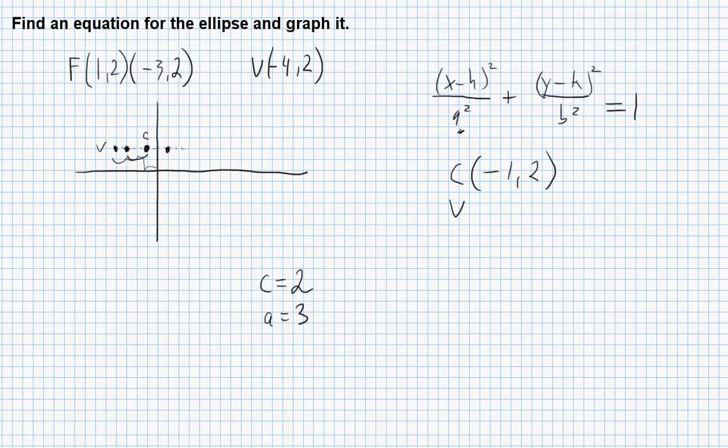Okay? So what do we get from that? That gives us that c squared is equal to 4, and that a squared is equal to 9, which is going to give us one of our values for our equation. Now we can use those to get b and b squared, because c squared, our handy-dandy equation, c squared equals a squared minus b squared.